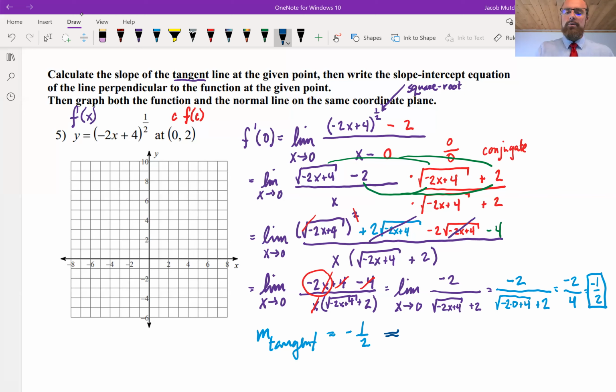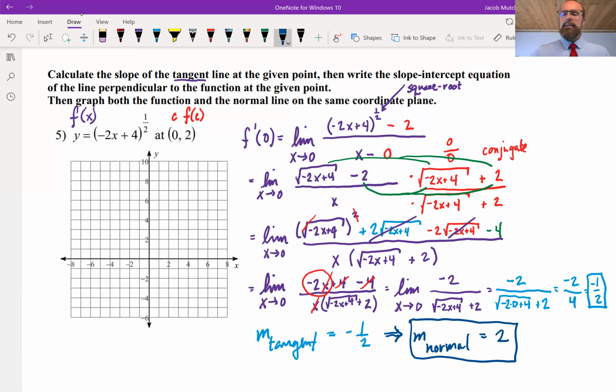So I'm going to use the tangent line, but I've got to do two things to find the slope of the normal. I need to switch the sign, so negative becomes positive. And then I need to find the reciprocal of the fraction, so a half becomes 2 over 1. So the slope of the normal line is just 2. And that's what I'm going to take with me to the bank.